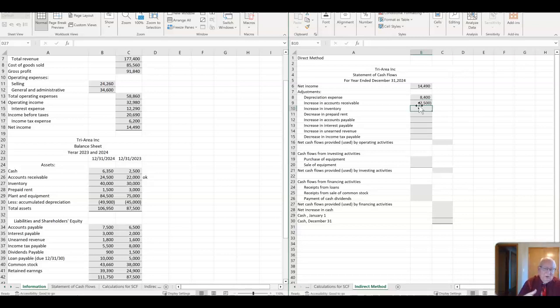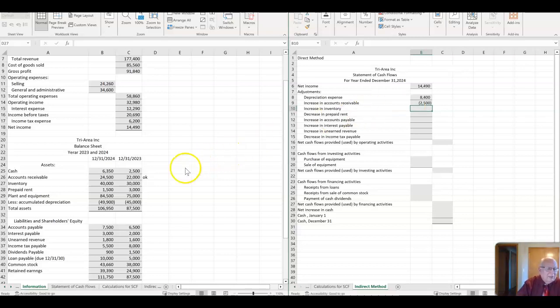So if your current operating assets increase, it's deducted. If they decrease, it's added. Now liabilities will be just the opposite. If liabilities increase, they're added. If they decrease, they're subtracted, because think of it as a source or a use of cash.